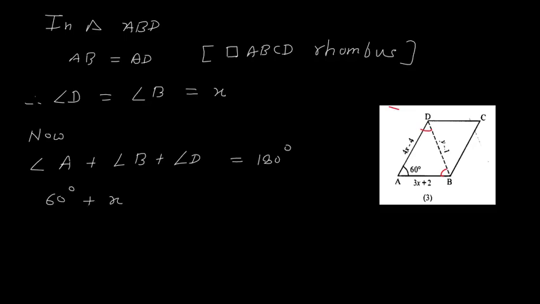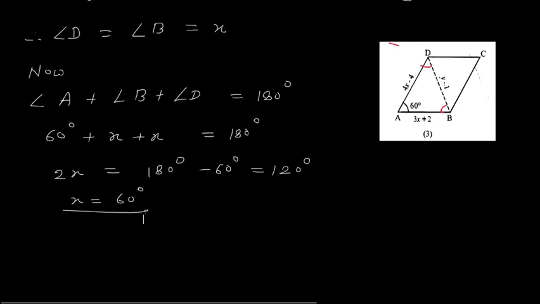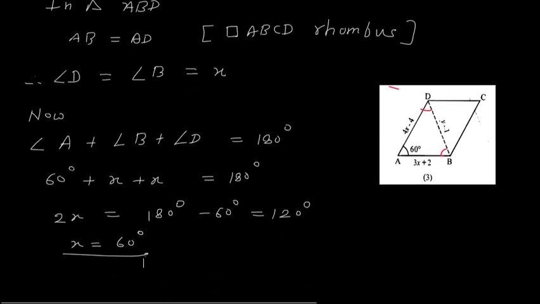Angle B and angle D we take as x, so 60 plus x plus x is equal to 180 degrees. Now x plus x is 2x. 2x is equal to 180 degrees minus 60 degrees, which is 120 degrees. So that gives me the value of x as 60.